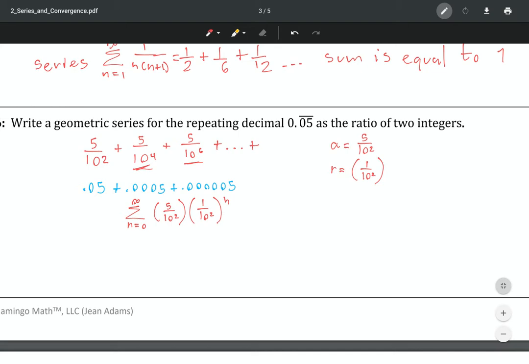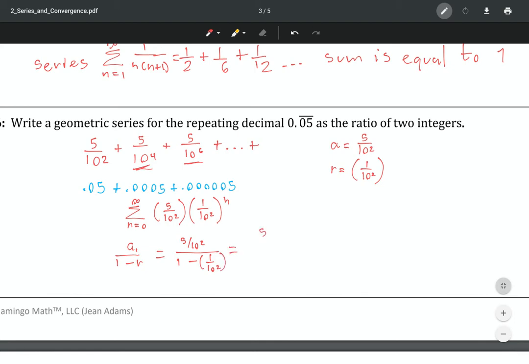Now to figure out the ratio of two integers, we can use this formula that I showed you earlier. Now that we know this is the geometric series, we have 5 over 10 squared, which is the very first term, over 1 minus 1 over 10 squared, which is the r.